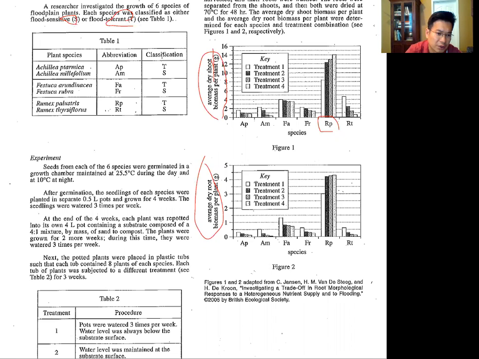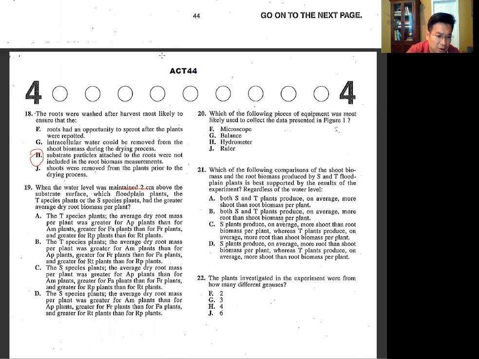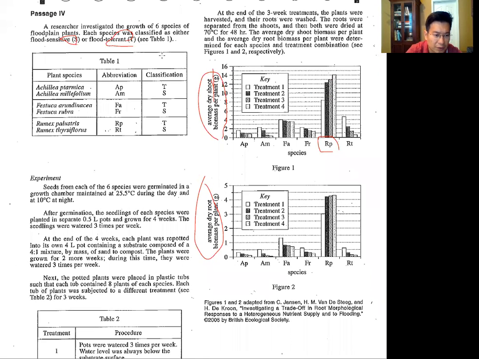So obviously, with common sense, 2 centimeters up means the tolerant ones will do better, because that's what it is, right? The sensitive one has to be dry, right? Having said that, AP is T, FA is T, and RP is T as well.